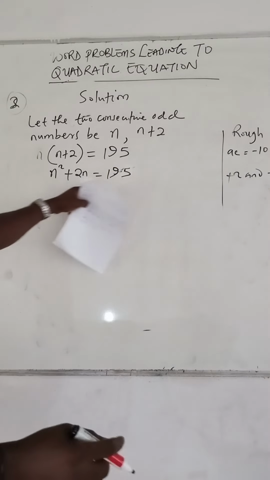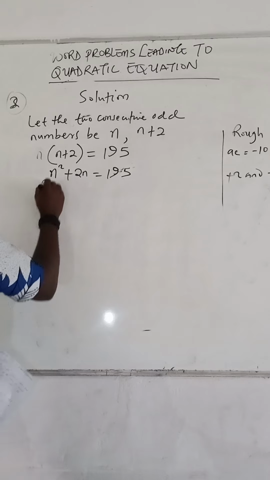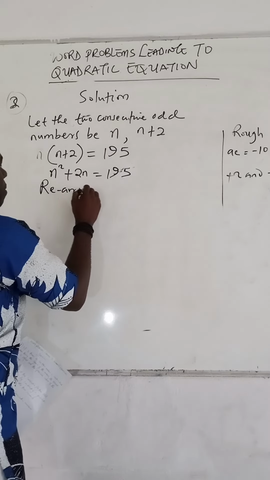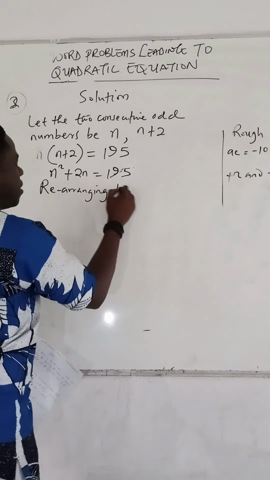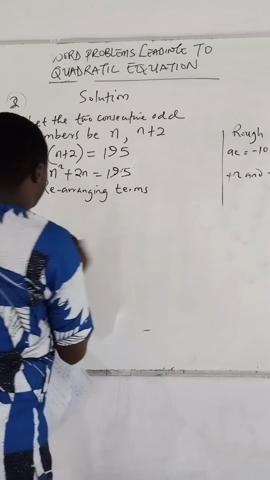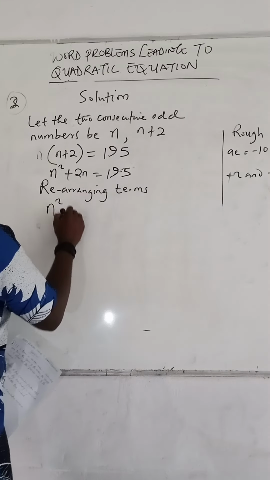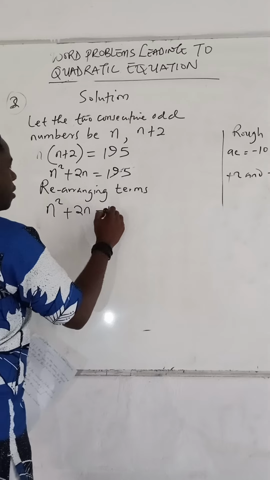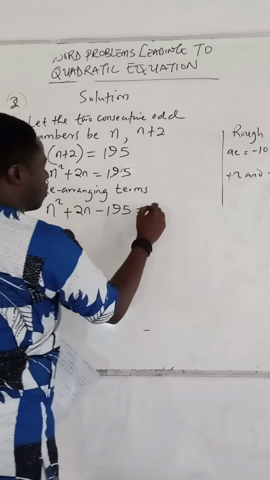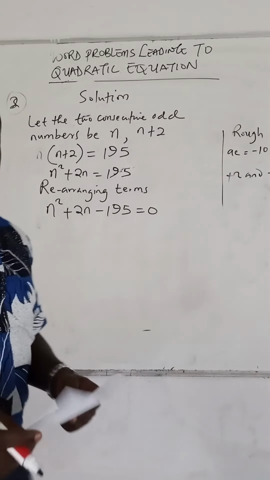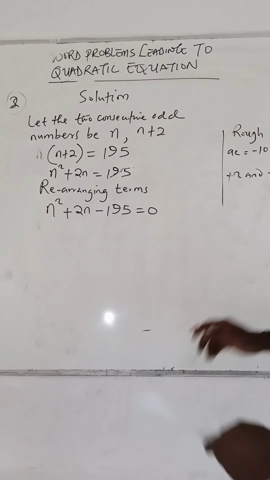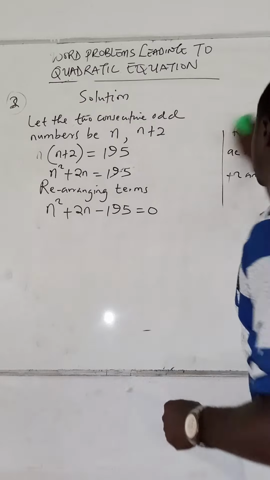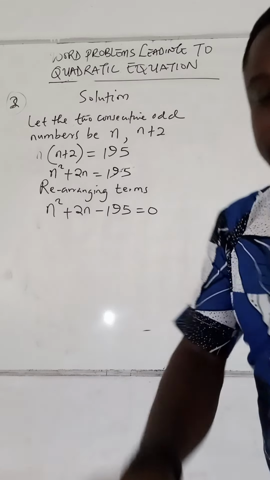If we rearrange these terms so that it will conform, we will have n squared plus 2n minus 195 equals 0. The next thing we are going to do here is to find the factors.